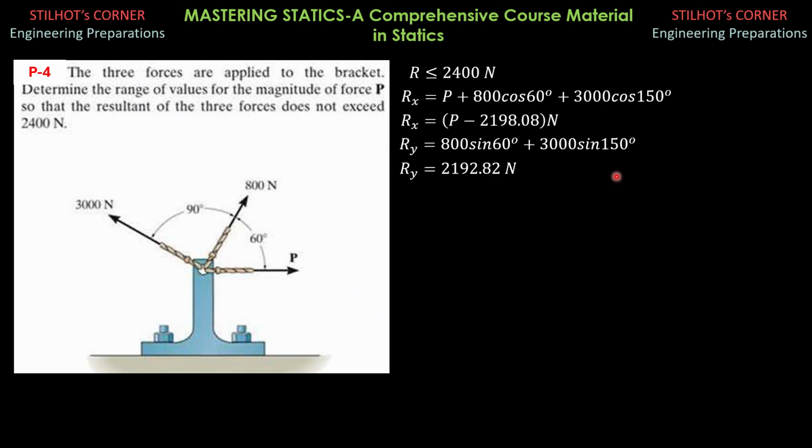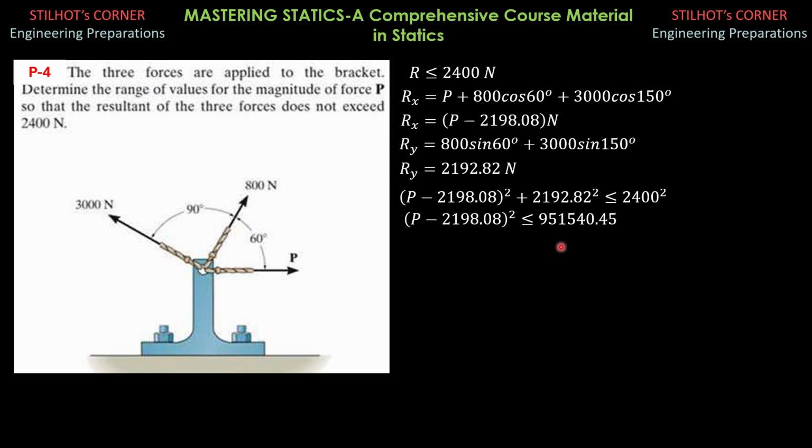Then by Pythagoras theorem, quantity P minus 2198.08 squared plus 2192.82 squared should be less than or equal to 2,400 squared. So transposing 2192.82 squared to the right, quantity P minus 2198.08 squared must be less than or equal to 951540.45.